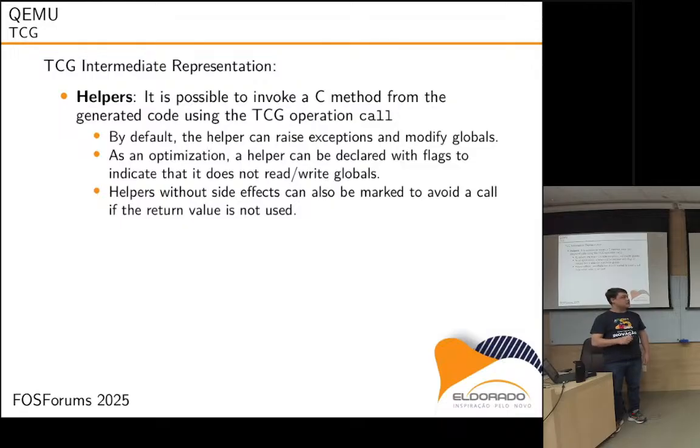You can optimize those helpers if they don't generate side effects or if they don't read globals. And TCG will do some optimizations when the call to this helper is being made. So the call is cheaper if you have those flags.